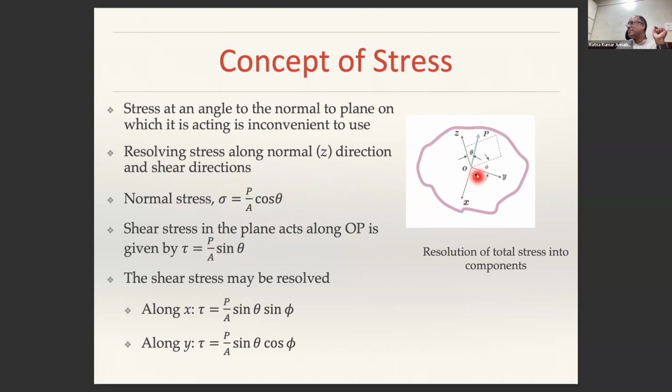P by A sin theta is now in the plane, oriented at an angle phi with respect to the y axis. So along y, it will be P by A sin theta cos phi, and along x, P by A sin theta sin phi. I hope you are able to see how we have written these things. So on a given plane, you will have three components of stress: one normal component and two shear components. Is that clear?